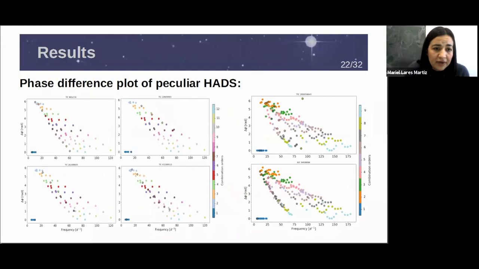Let's see, for example, these monoperiodic stars have high rotation values for a high amplitude, which are usually slow rotators. And we see how the pattern is a bit delayed. The orders have a displacement, and this happens in all of these monoperiodic stars.